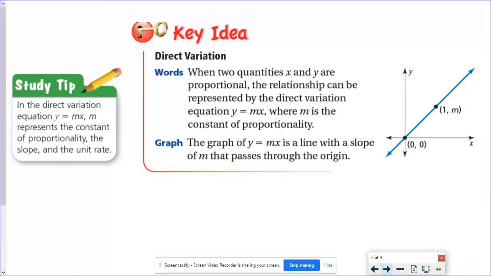So here's what I want you to recognize. In a proportional equation, a proportional graph, a proportional relationship, in any of those, here's what I'm looking at. y equals mx. m is the slope. They also call that the constant of proportionality when we're talking about proportional things.